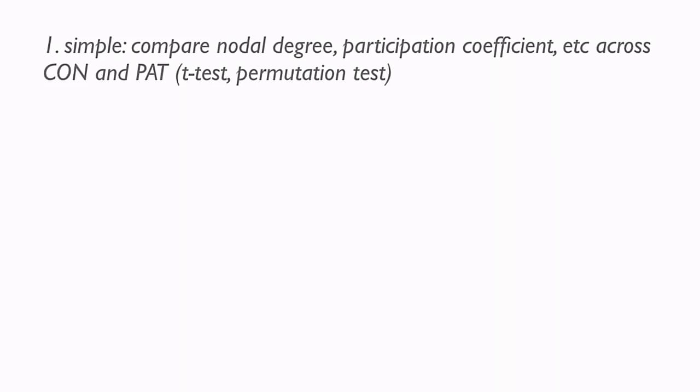If we would just compute the level of connectivity or centrality for every one of the nodes in the network, we can then just do a simple control-patient test by using a t-test or a permutation test. We can basically use any type of statistics, like an ANOVA or a t-test or any other simple statistical test, to assess the level of connectivity per node in the network.